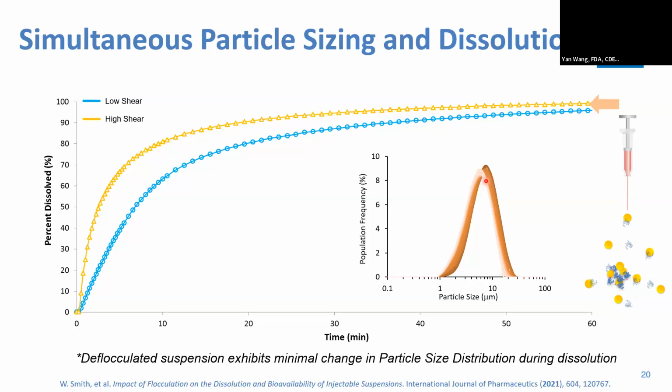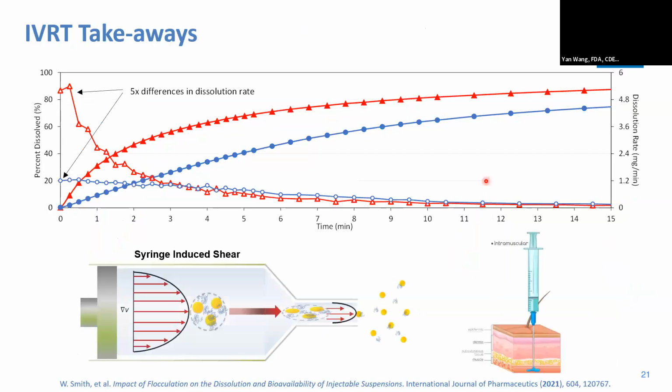When we explore IVIVC and try to better understand what's happening in vivo post administration, and what the optimal formulation design and particle size are for injectable suspensions, this can be an interesting setup to better understand the system.